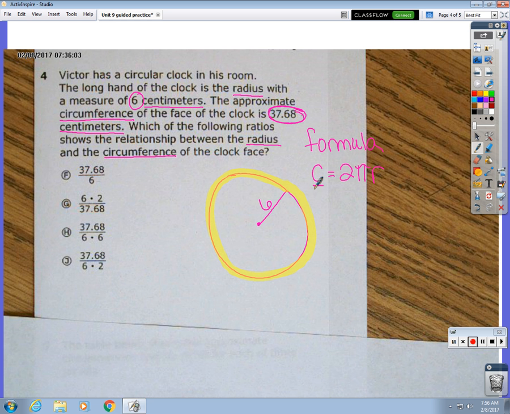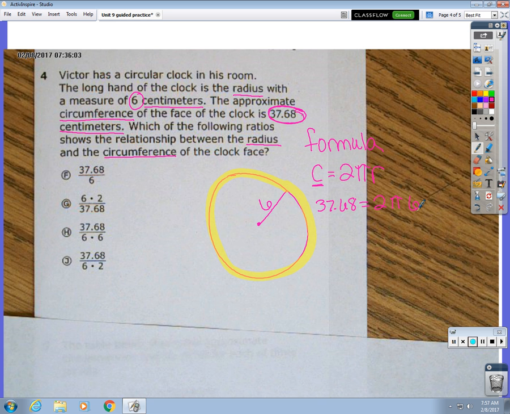We're going to replace this C, because C stands for circumference, with that 37.68. So we have 37.68 equals 2 times pi times our radius, which is 6. So now we just need to solve to see the relationship.